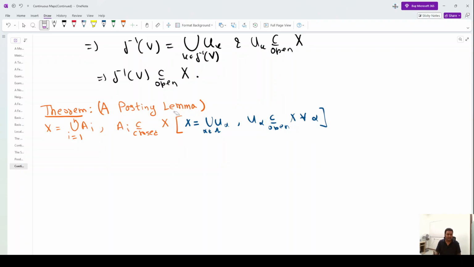I will write this in a different color. So either you can decompose your set as finitely many closed sets or as any collection of open sets.